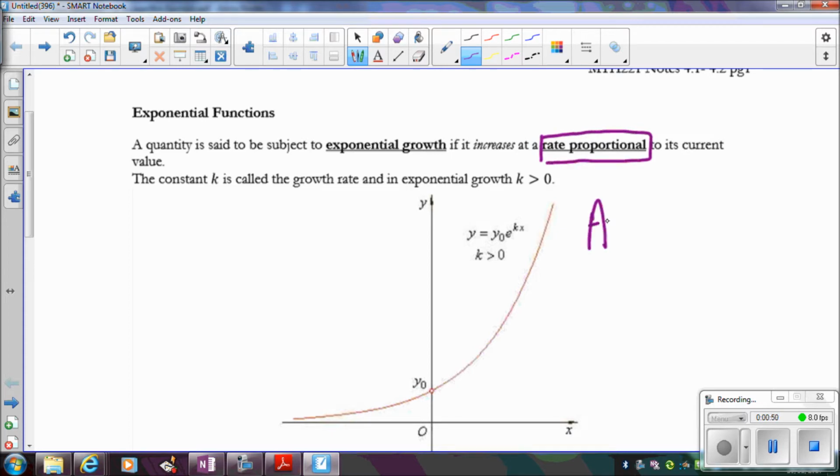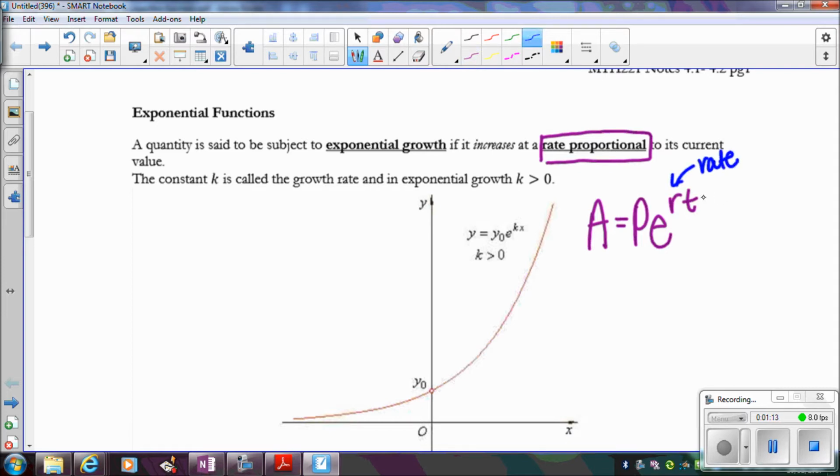And what it really means is you're going to be using this formula that the amount is equal to the original times e raised to the RT. You might have heard of this before, the PERT formula. So the amount is equal to the principal, or the initial amount, times e raised to the rate times time. So let me go ahead and just fill in what I just said.